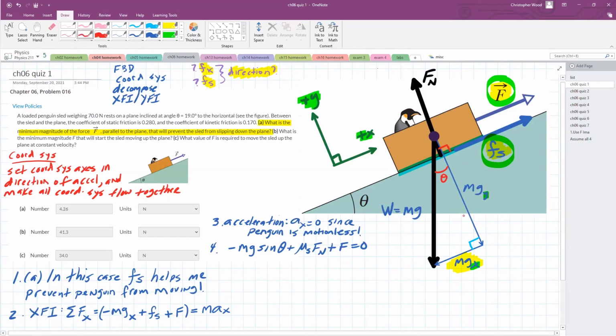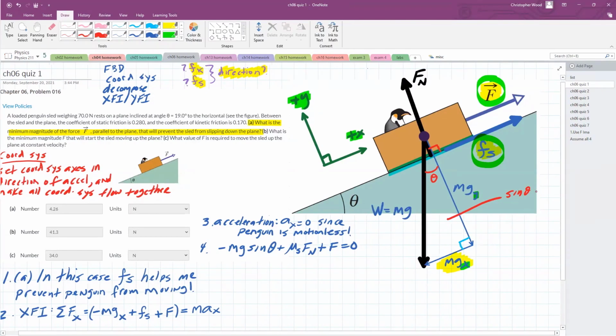If I look at this triangle here, because it's a right angle triangle, sine of theta equals side opposite over hypotenuse. So sine of theta equals mgx over the hypotenuse, which is mg. So that's how I do this substitution.